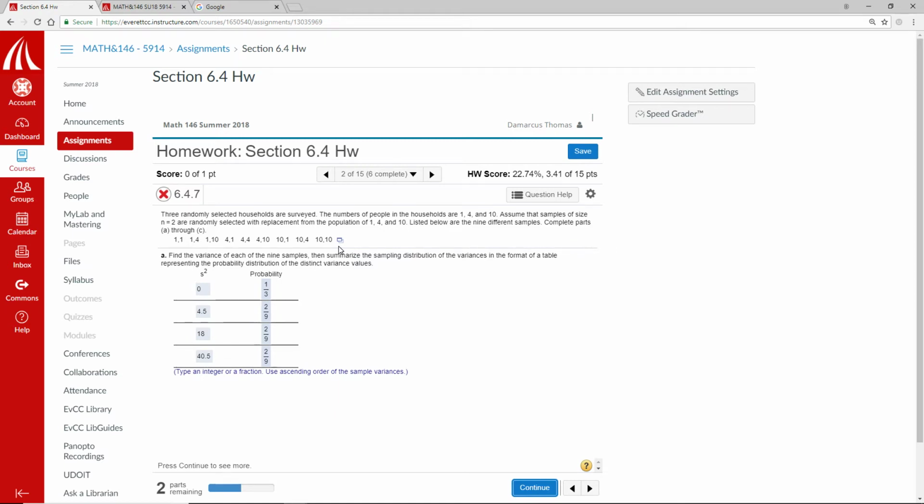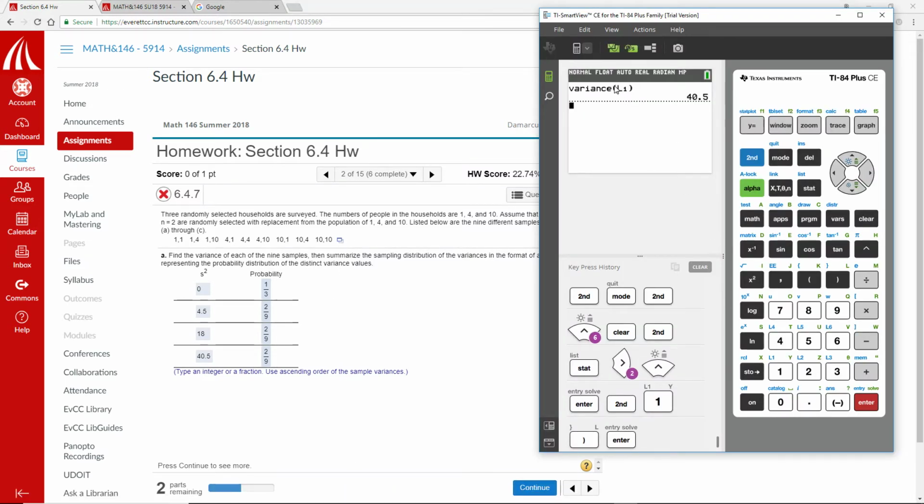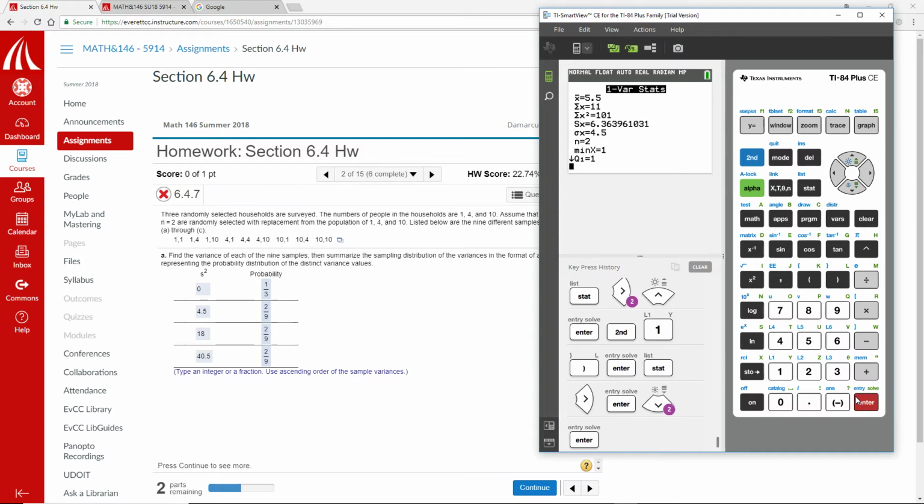You could get the variance though by squaring the standard deviation. For example, you saw the variance to be 40.5, right? Watch this. If I use one-var stats, I got 6.3639. If you square this number, you will get the variance.